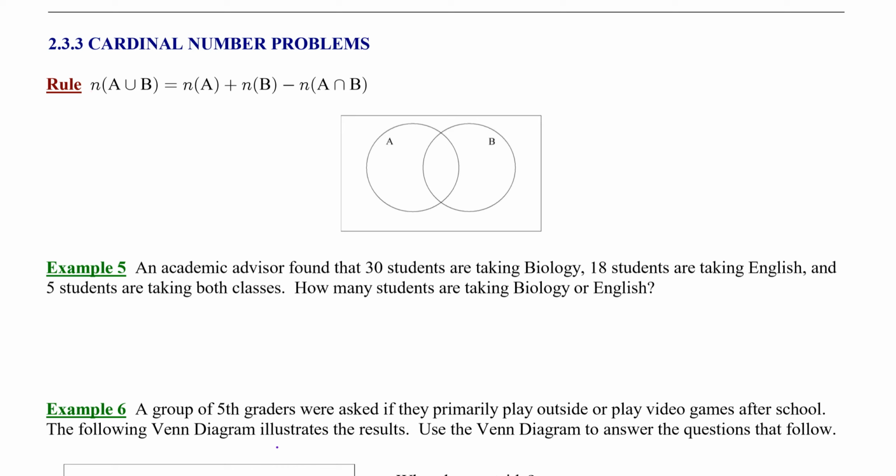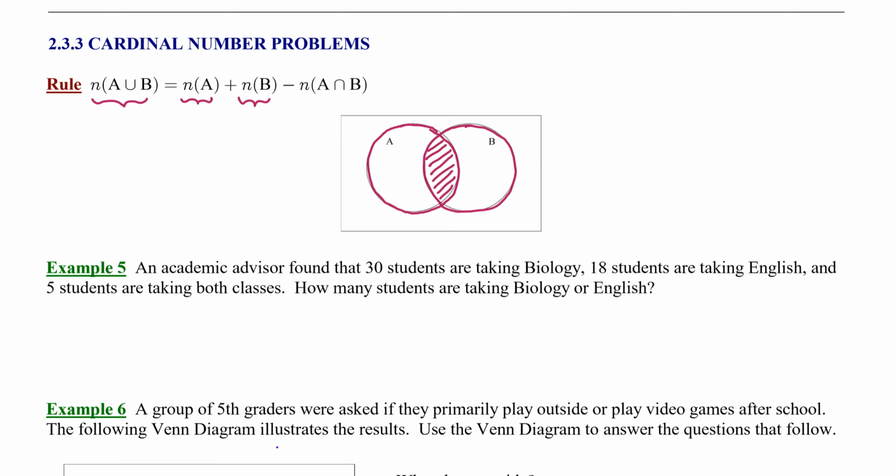So to find the number of elements in the union, first we're going to count the number of elements in circle A. So if I look at this Venn diagram, I would look at all of the elements inside circle A and I would count those. Then I'm going to add it to the cardinal number of B. So I'm going to count all of the elements inside this circle, and that's the cardinal number of B. Now, did you notice when we did that, we would count the intersection twice, right?